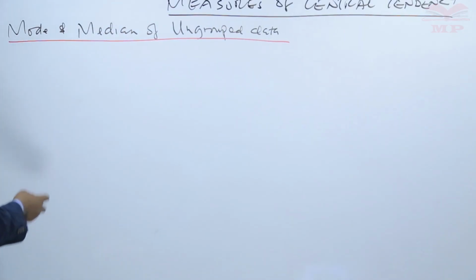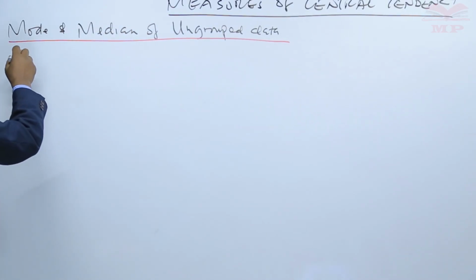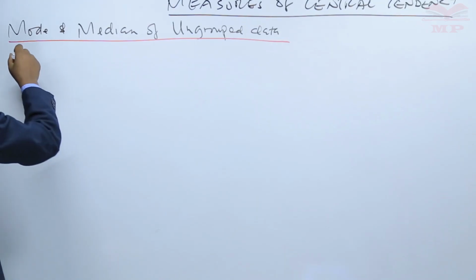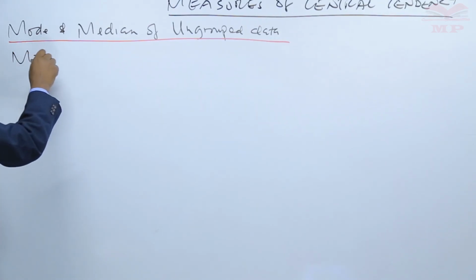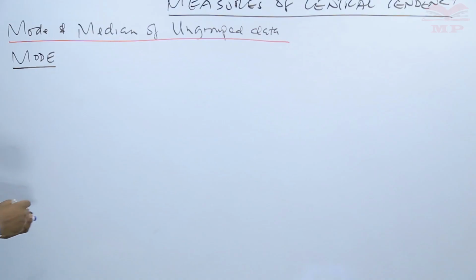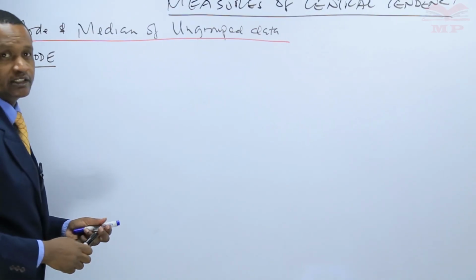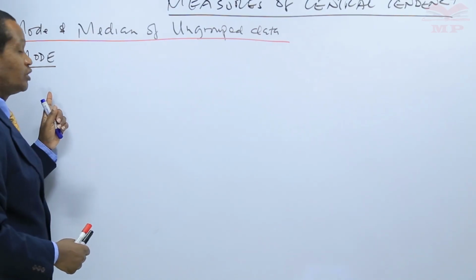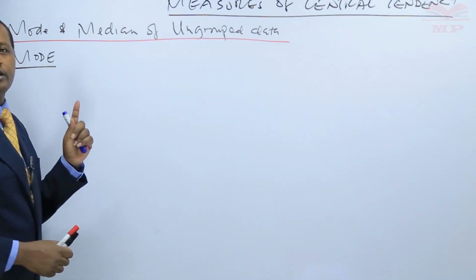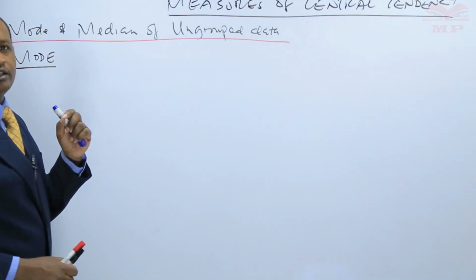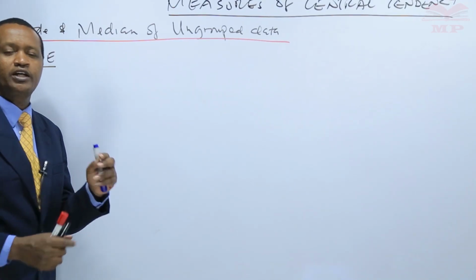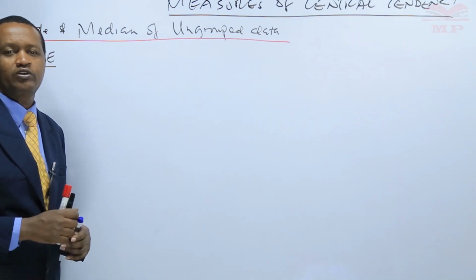So we'll first work out the mode of ungrouped data. So learners, the mode is simply the value that appears most in a set of data.